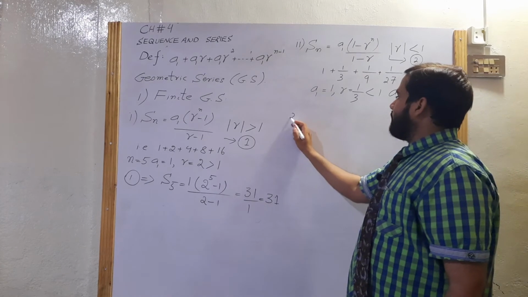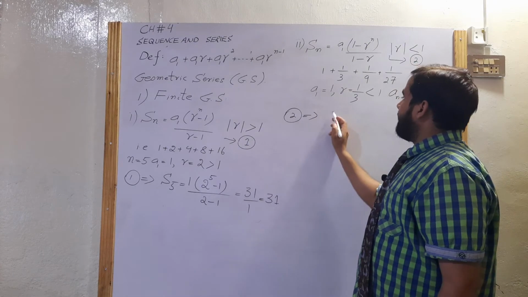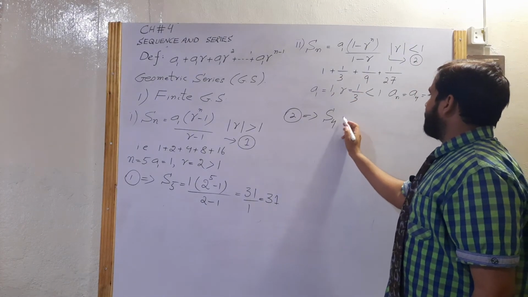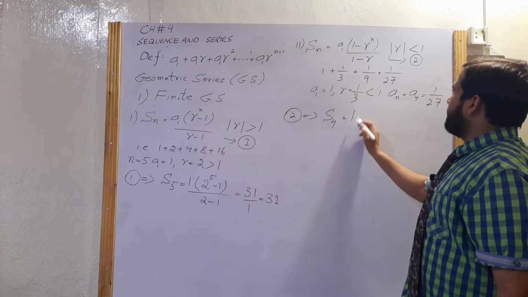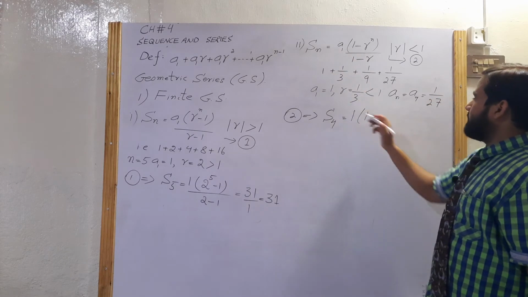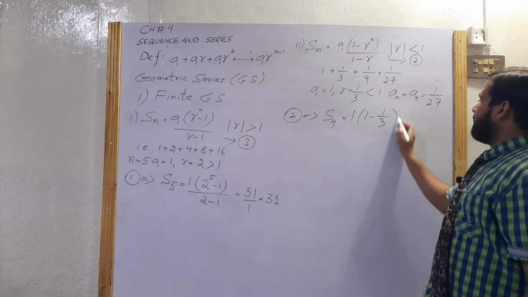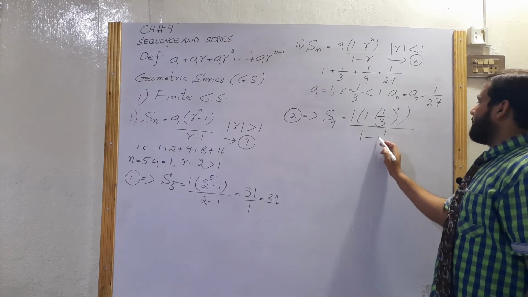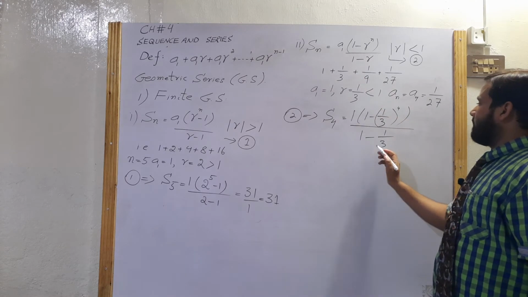So, using formula number 2, Sn: how many terms are there? 4 terms, so n is replaced by 4. The first term is 1 and the common ratio is 1 by 3. The number of terms is 4, divided by 1 minus r, which is 1 over 3.